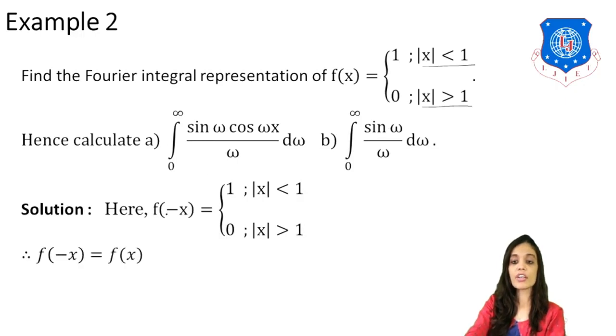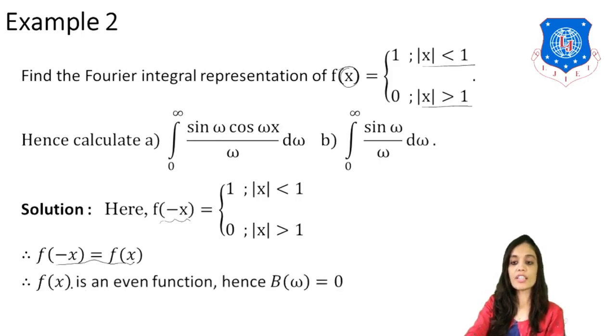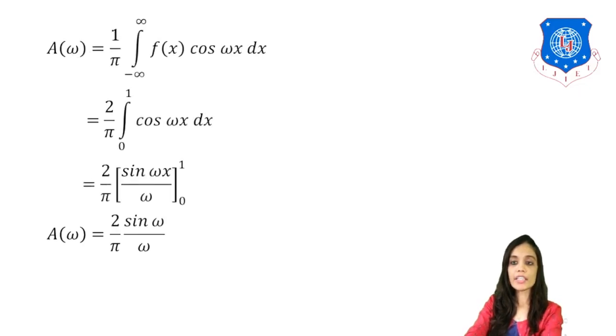Here you can see that whenever we replace x by minus x, our function remains the same, right? So from this we can say that the given function is an even function. So our b omega will be equal to 0. So we just have to find the value of a omega. So a omega will be given by integration 2 upon pi.